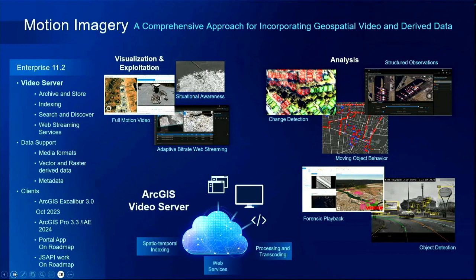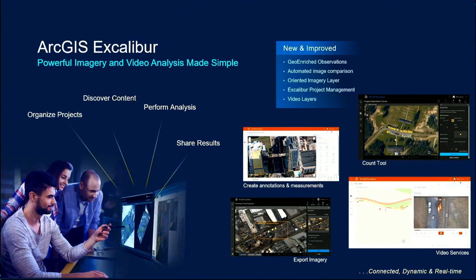And what you can do then is start to annotate this imagery. So in ArcGIS Excalibur, which is a project-based application that allows you to discover the content, not just your videos, but also your oriented imagery and all of the imagery that you're managing in your organization. And you can share results of your analysis through easy tools and workflows.